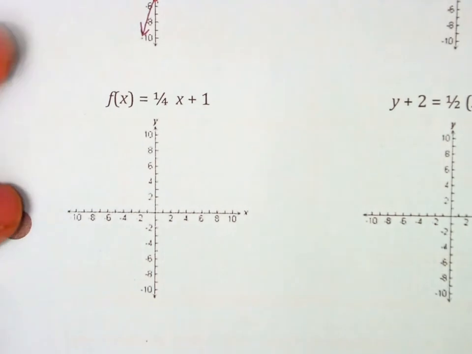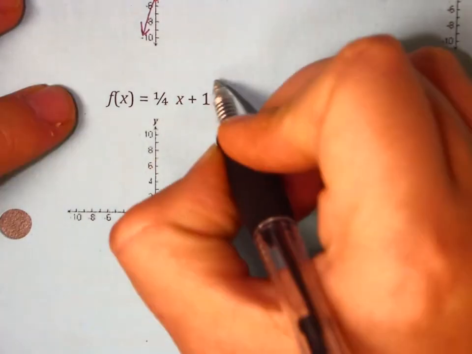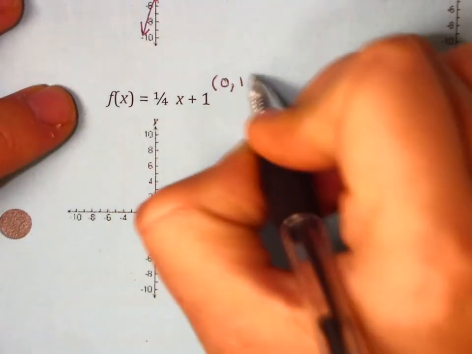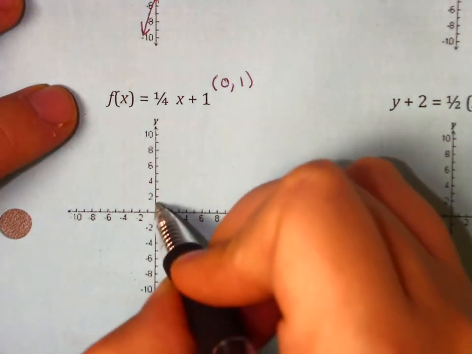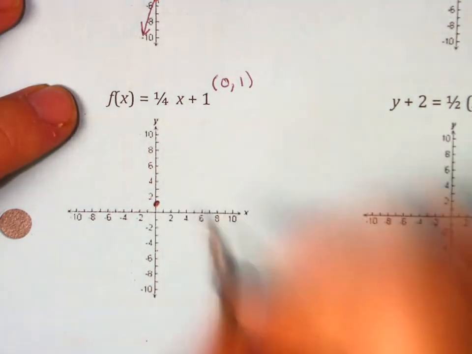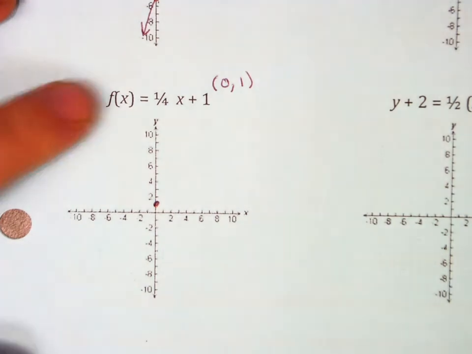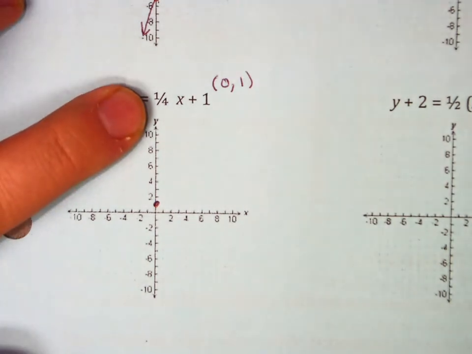If you look at this one, now my y-intercept is 0, 1. So that's my starting place. So I can put a dot at 0, 1, which is 1 on the y-axis. And then my slope is 1 over 4.